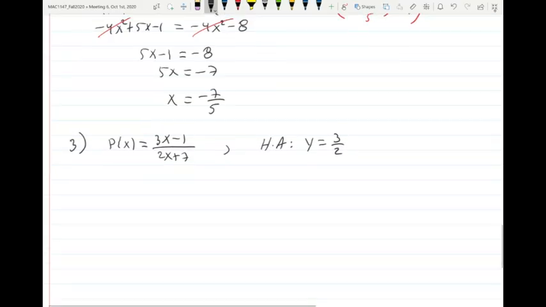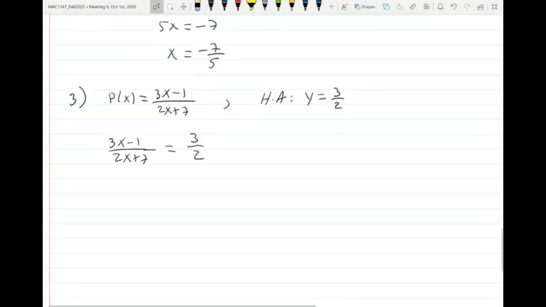So again, if we want to know whether we're going to cross this line or not, we should just set them equal to each other. Okay, and then let's solve. So remember, this is a proportion, and all we do is cross multiply. So this is 2 times 3x minus 1. This must be equal to 3 times 2x plus 7.